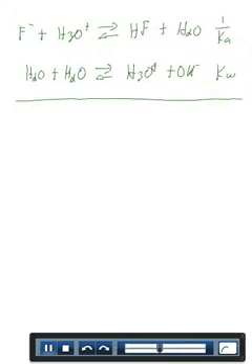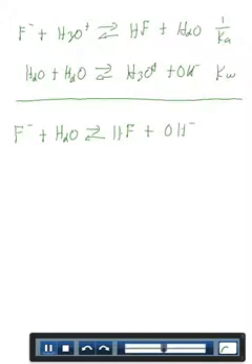Now let's add these two reactions together. One of the waters cancels because they're on opposite sides of the arrows. The H3O+ will cancel because it's on opposite sides of the arrows. So my resultant reaction will be this.